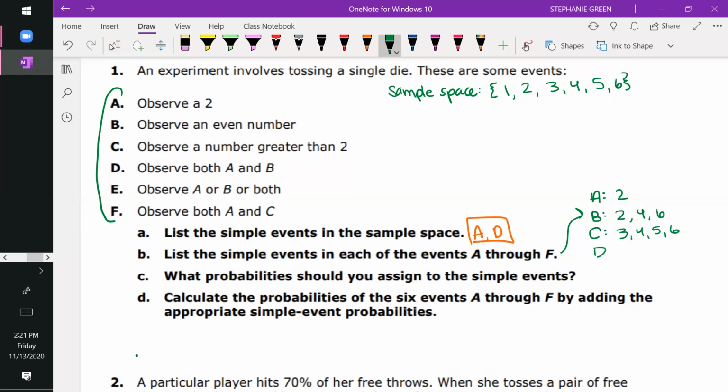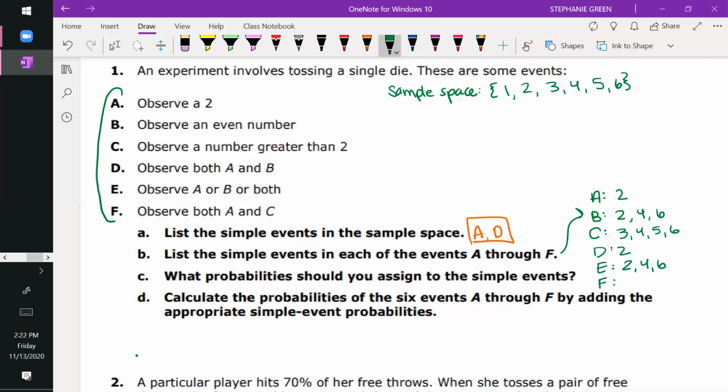It was just 2. E, observe an A or B or both. So again, that's 2, 4, 6. So I could break up this complex event into 3 simple events. And lastly, F, observing both A and C was impossible.